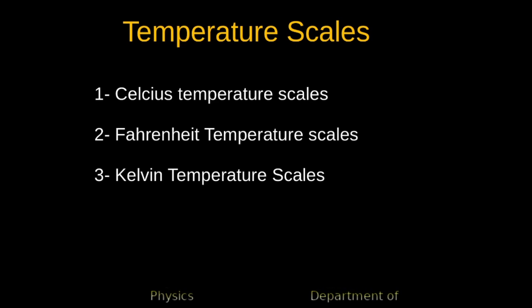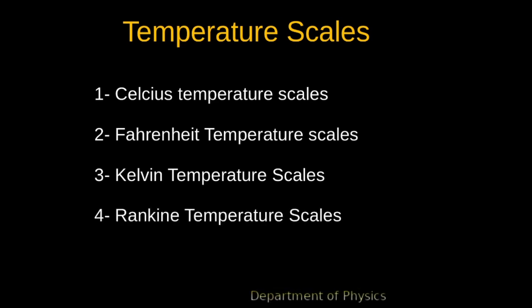And one more temperature scale is there, that is the Rankine temperature. The Rankine scale is a thermodynamic, that is, an absolute temperature scale. It is based around absolute zero. Rankine is similar to the Kelvin scale.